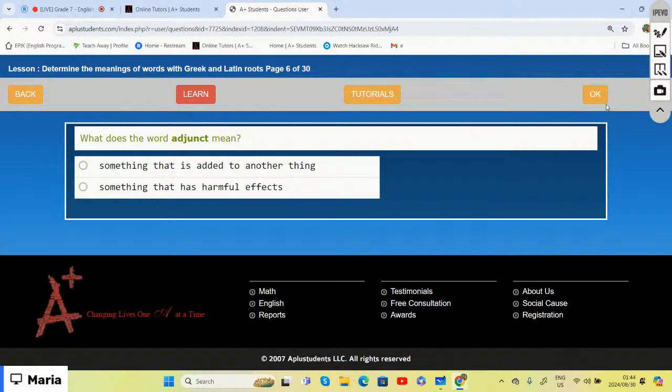All right, and adjunct, if we look at the word adjunct, so we need to say if adjunct is something that is added to another thing or something that was harmful effects.